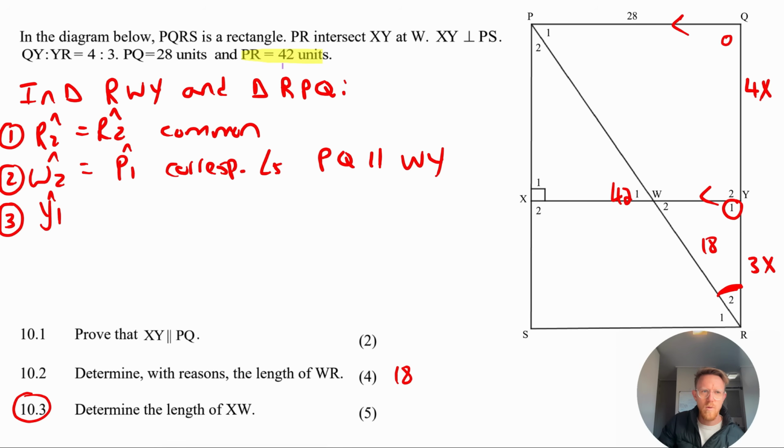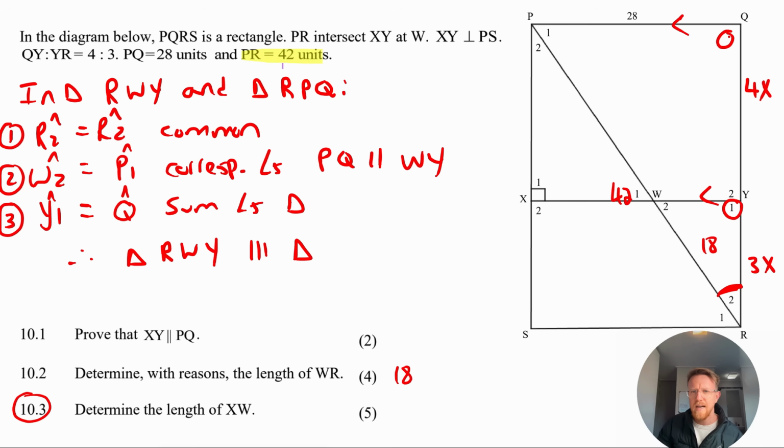So angle Y1 is going to be the same as angle Q, and that's just because of sum of angles of a triangle. And so therefore, we can now say that triangle RWY must be similar to triangle RPQ. That's the correct order.